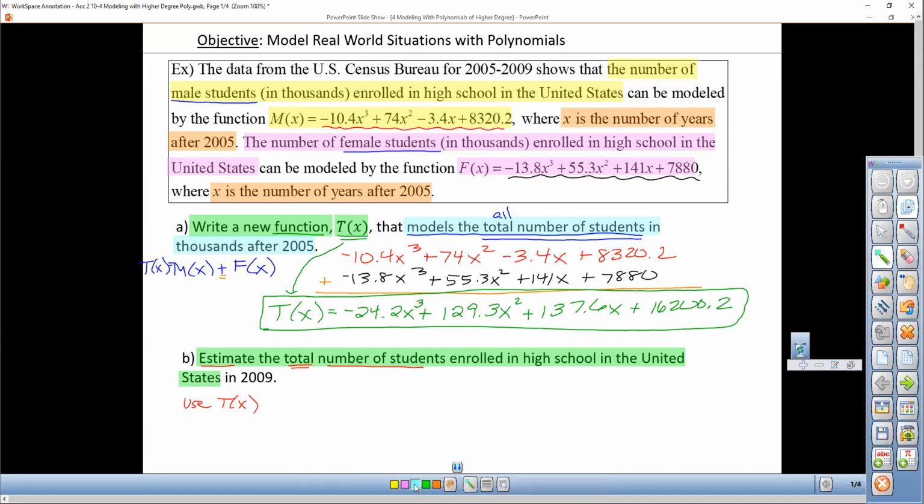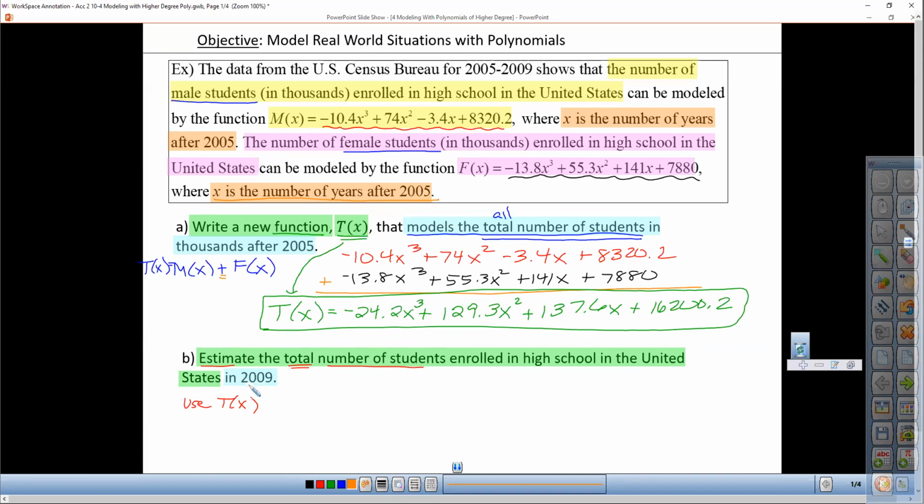It says that I want to estimate for the year 2009. So in order to use t of x, I need an x value. And here is where it's important to have paid attention to how x is defined. I highlighted that in orange here. x is defined as the number of years after 2005.